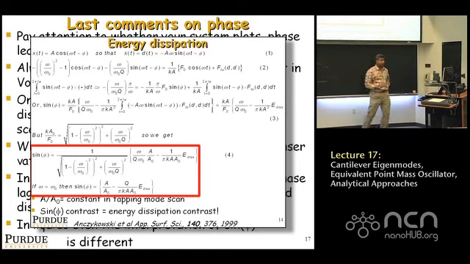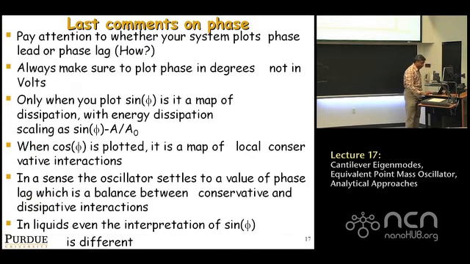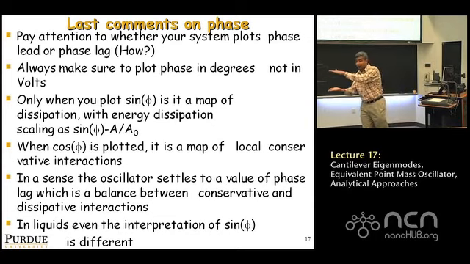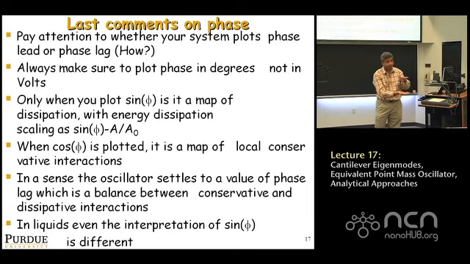So, if I truly plot not just the phase lag phi, but sine of the phase lag minus the set point ratio, which is A over A0, that quantity, if it's double the value at some place compared to another place, means that the energy dissipation is double compared to here. That's how you can start making quantitative comparisons of energy dissipation.